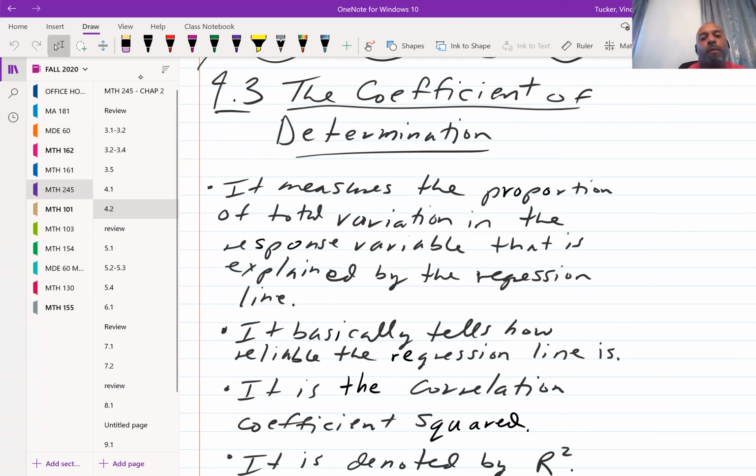All right, so coefficient of determination determines the proportion of total variation in the response variable that is explained by the regression line. So it basically tells us how reliable our regression line is.